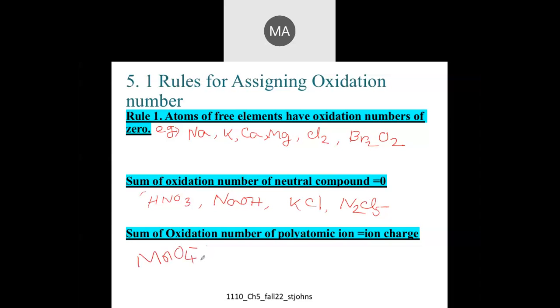When we are going to calculate the oxidation number, the sum of the oxidation numbers will not be 0 in that case. Here, it will be the ion charge. That means this is -1 charge. So how can we then assign the oxidation number, correct? Yes, that is what we are going to discuss and practice here.